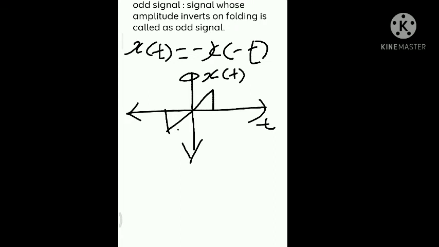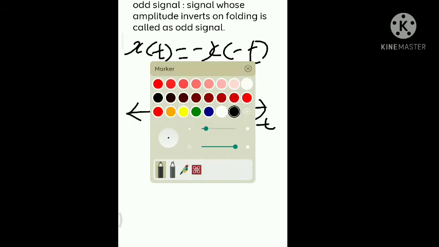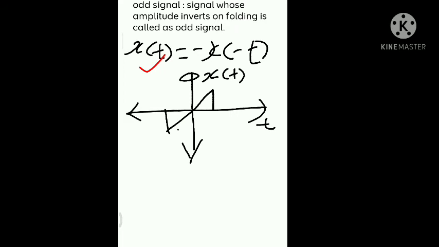Mathematically, we can express it as x(t) is equal to minus x(-t). So this is one of the waveforms x(t). Now let us draw the folded signal. So I can draw here only x(-t).